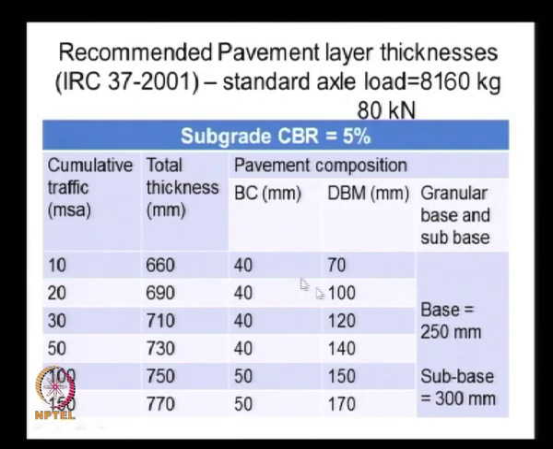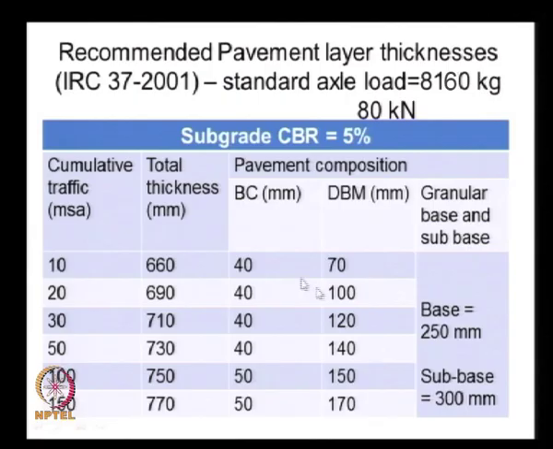The typical pavement composition could be the bitumen concrete, that is the topmost wearing course, given as 40 mm up to 50 MSA, that is the millions of standard axle loads, and beyond that, for 100 and 150 MSA, the bitumen concrete layer is given as 50 mm. And then the DBM, that is the dense bitumen macadam, thickness is linearly increasing with the higher traffic load, higher number of load passes.